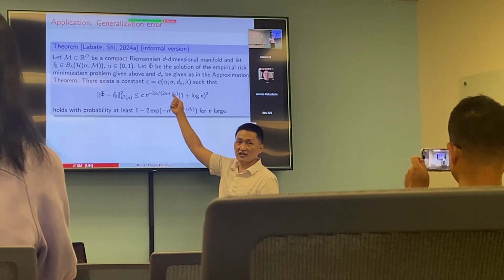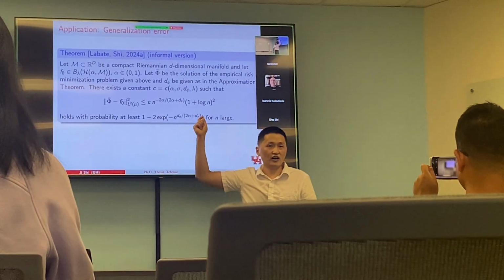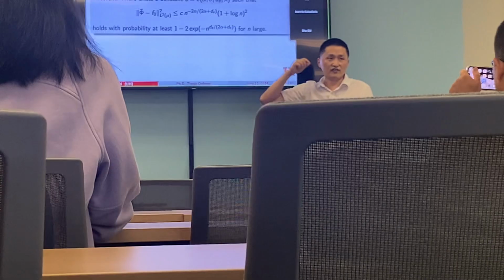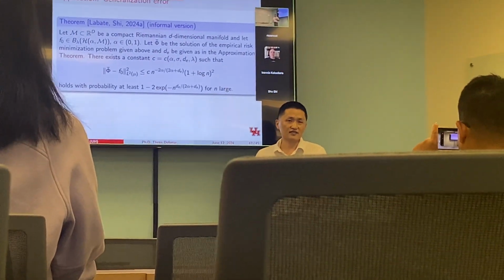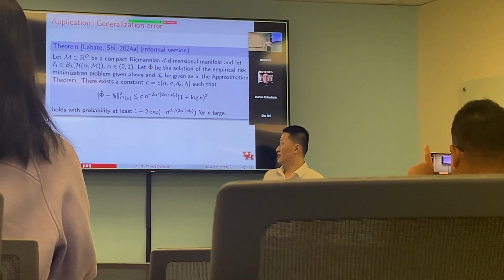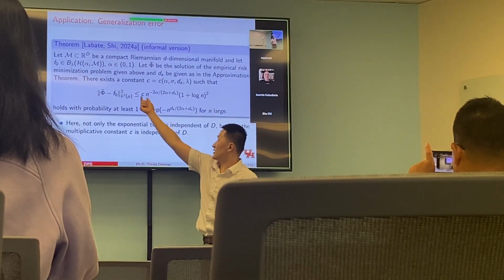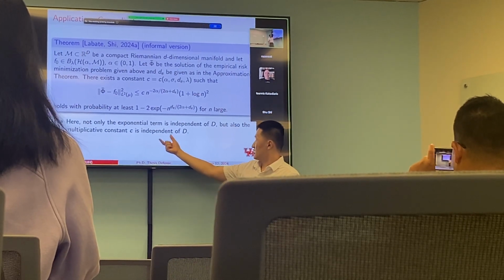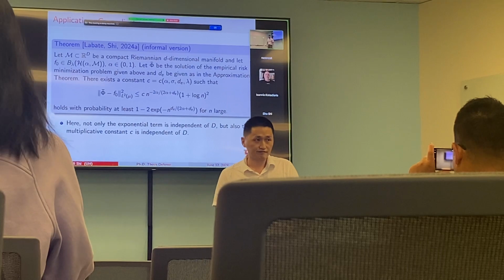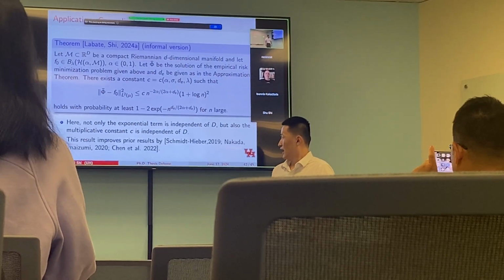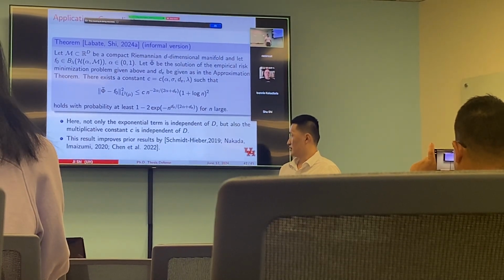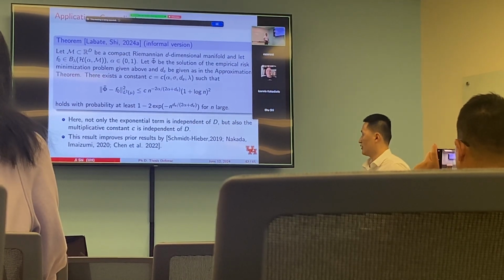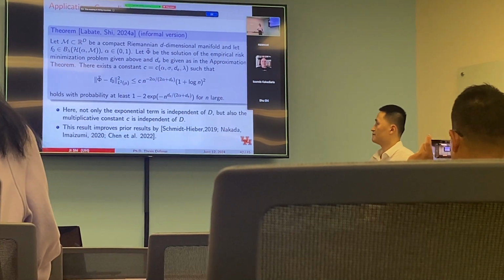The exponential term is D_E; before it was capital D. We know this D_E is the effective dimension, which just depends on the manifold dimension, little d. The second is the constant C. The constant C is independent of capital D. Our result improves the prior results by Shang, Hao, Nakada, Imaizumi, Chen.